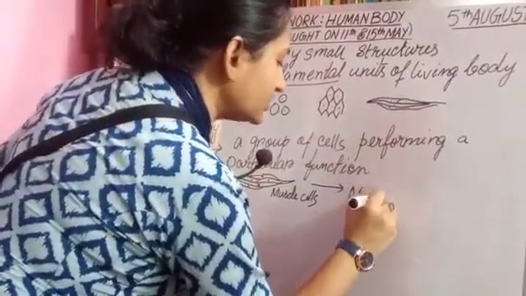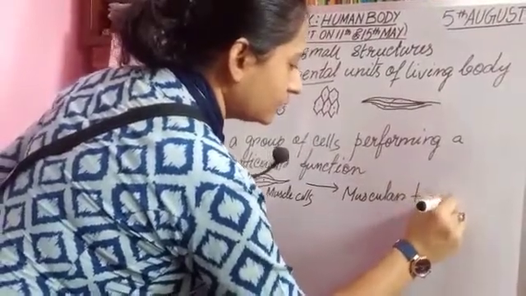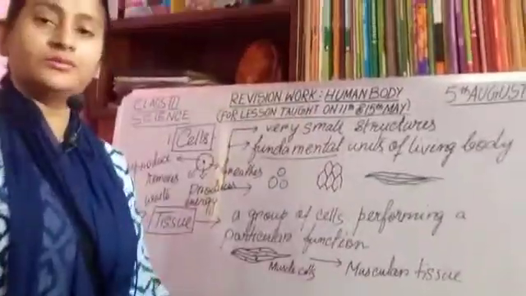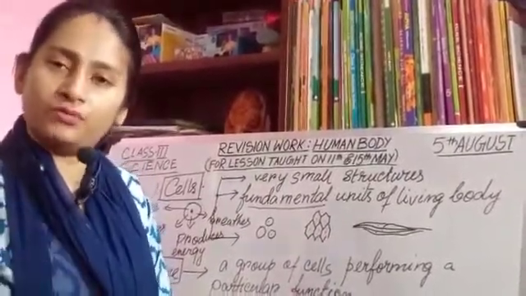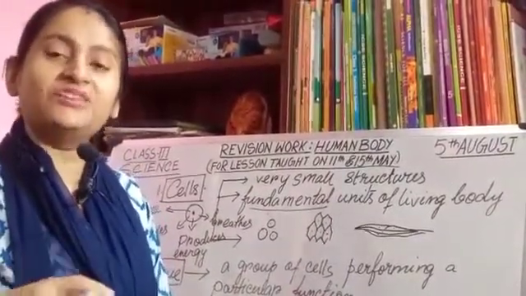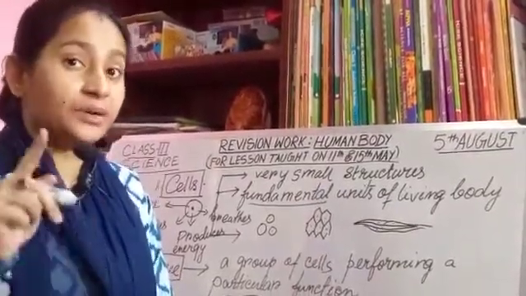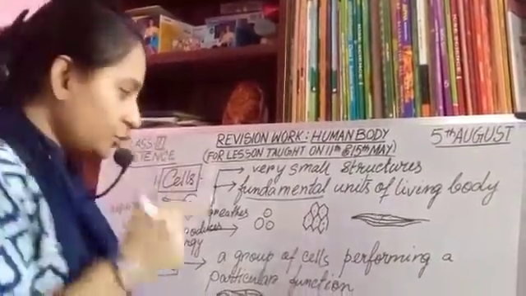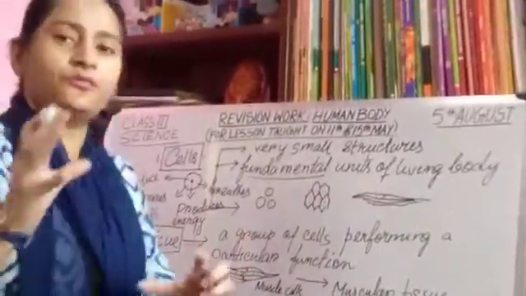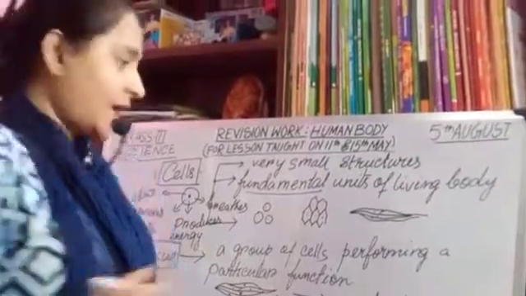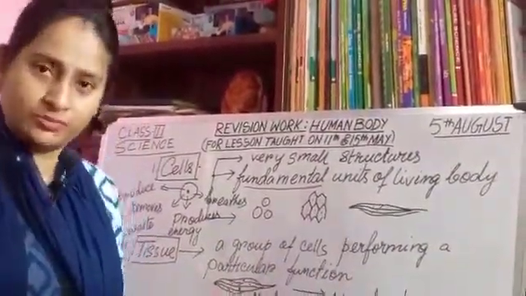Which can be called muscular tissue. Now, where are they found? The muscular tissues are found attached to the bones of our body, and they help in moving our bones, right? So, they are performing a particular task. A similar group of cells come together, perform a particular task, and give rise to tissue. They are what we call tissues, right?